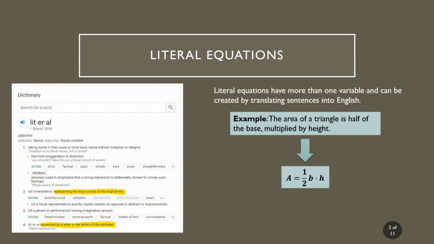That's a literal equation because we have 3 variables there instead of just 1 variable. So that's what literal equations are, and you've seen them before. I'm sure you've seen equations for area, like length times width. You've used these, you just probably didn't know what the name of them was.